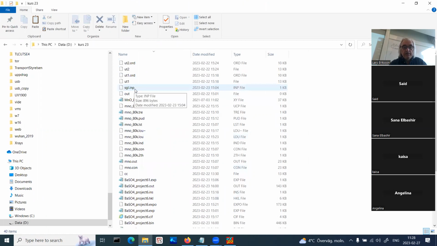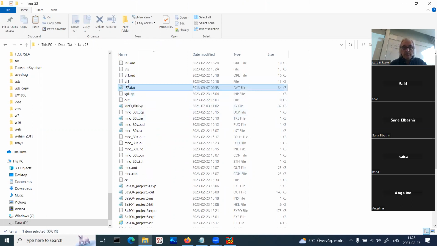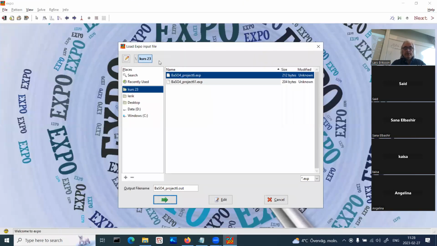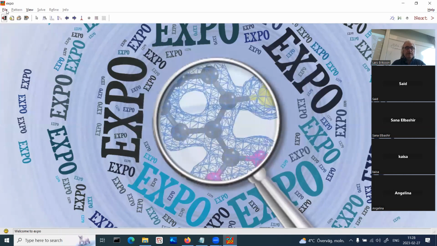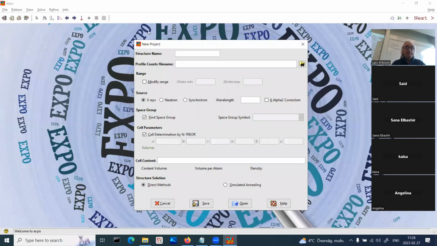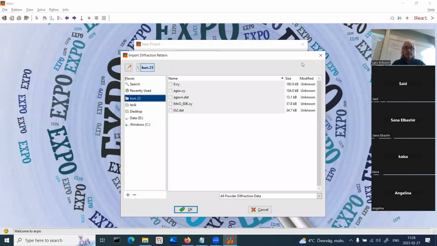There it comes. And then back to EXPO. No, we don't have this experiment file, so then perhaps we need to go to new, yes, because we haven't run this previously. And use profile count file name.